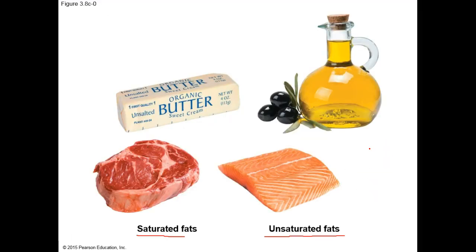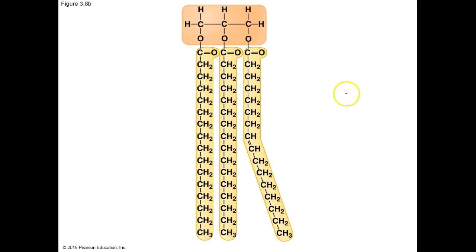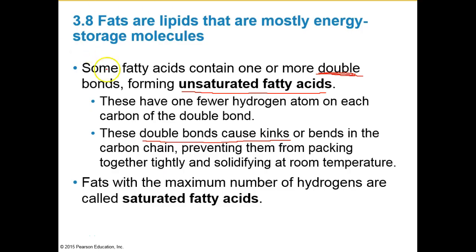So let me go back to this other picture over here just to give you an idea. If I had just straight lines, those would be saturated ones, and I could stack a whole bunch right next to each other, and that would form a solid. But see how this has a double bond, and it just kinks it a little bit. So it's hard to get another triglyceride to sit right here and pack in tightly. Okay?